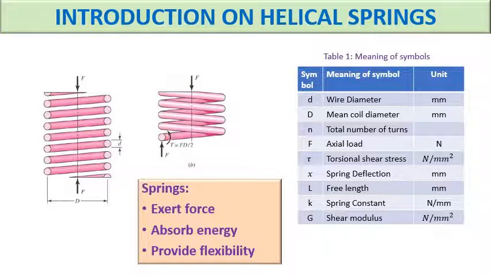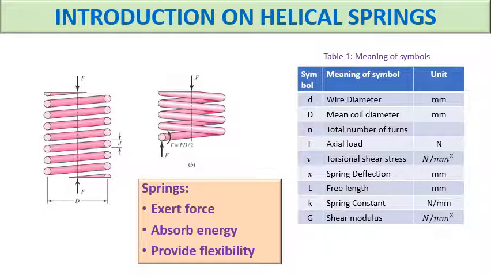The most important thing in analyzing any helical spring is the wire diameter, that is how we are able to make a helical spring. Normally the helical springs are made of cylindrical wires wound over a mandrel.